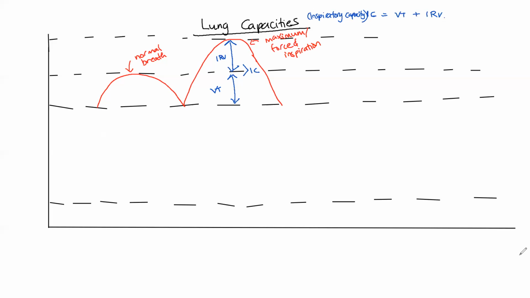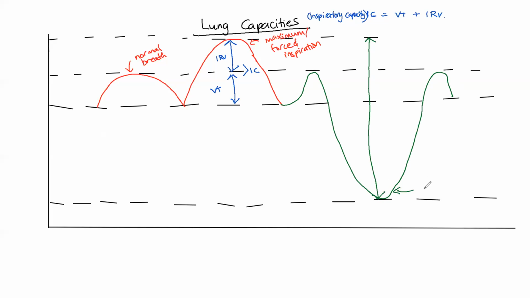Let's look at our vital capacity. Our vital capacity is going to be all of our movable lung volumes. So that's going to be tidal volume, inspiratory reserve, and expiratory reserve. So if you think about a curve down here, it's going to be our max inspiration all the way down to our max expiration.